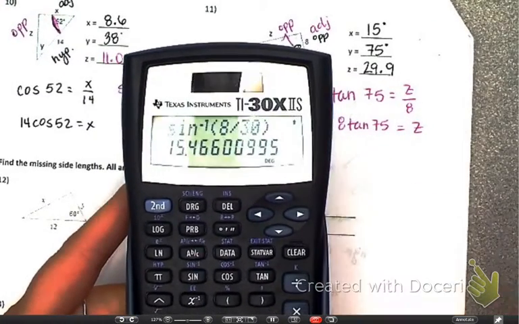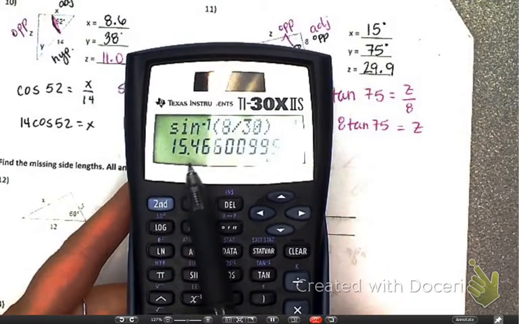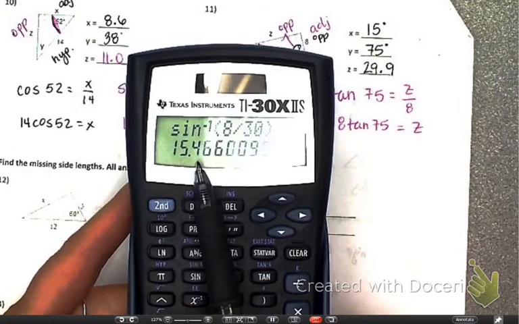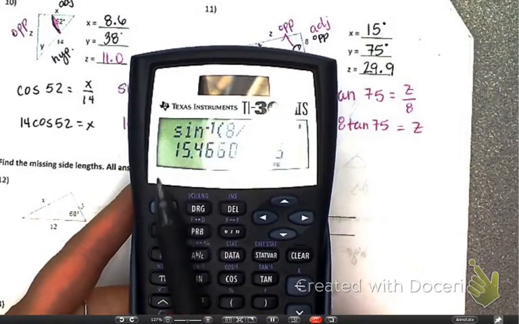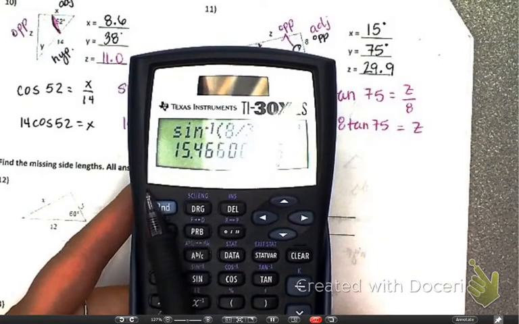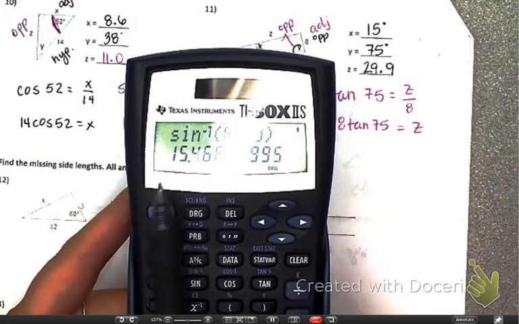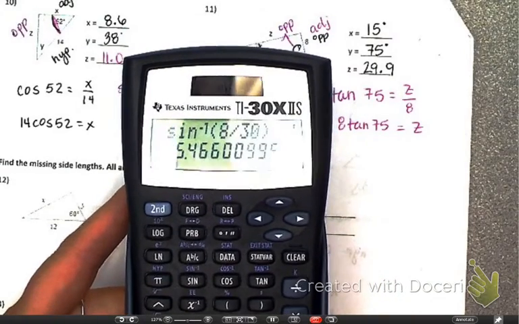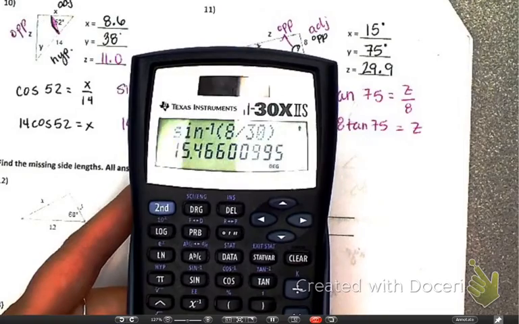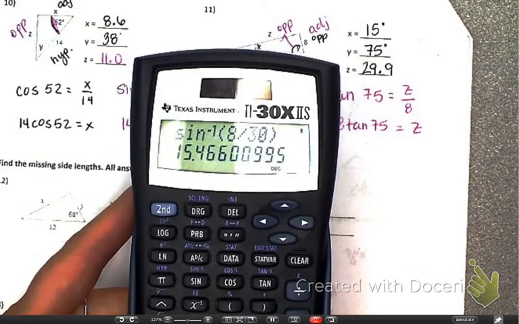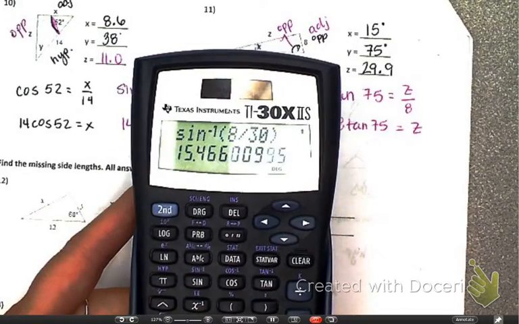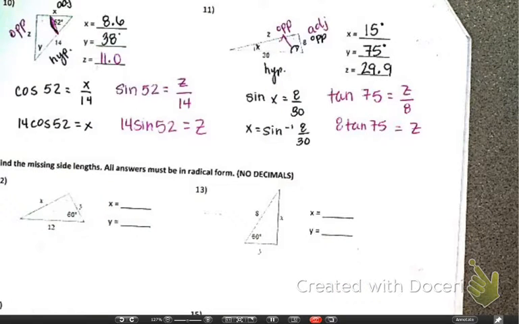Since I'm rounding to the nearest whole number, all I have to do is look at this 4. Does that 4 round the 15 up? No. Okay, so you don't keep going and round up and round up. Just look at the next number after what you need to round. Okay? Are we okay with those numbers then?